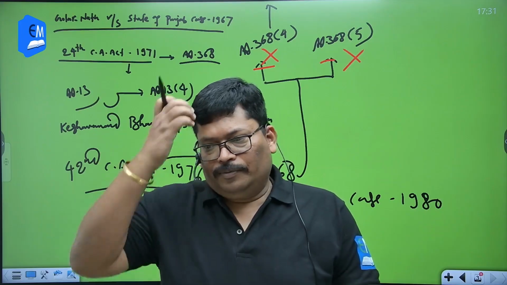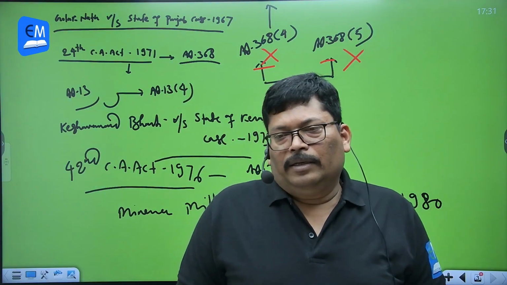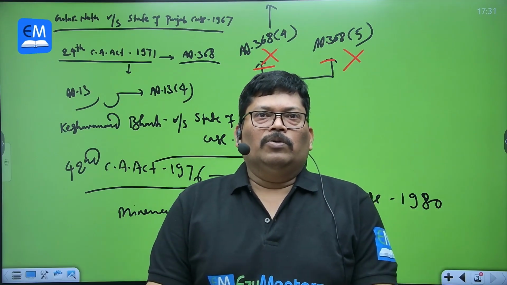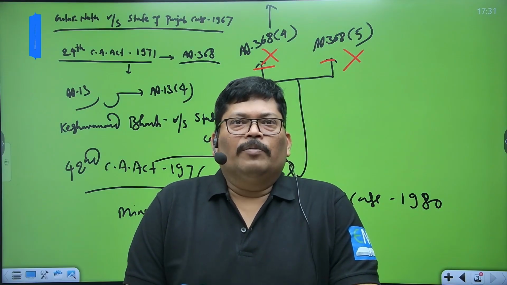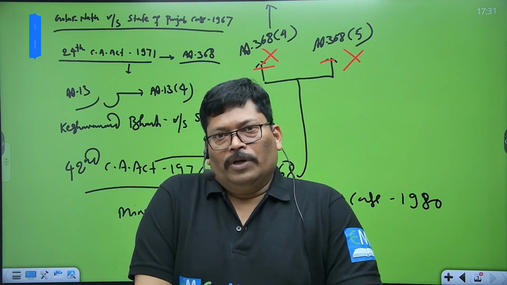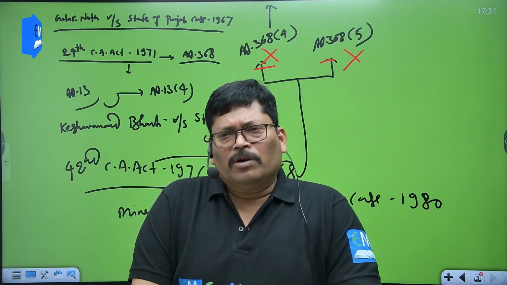And this is how it becomes clear that the Parliament has the power to amend any provision of the Constitution, including the fundamental rights, provided the basic structure of the Constitution shall not be altered.